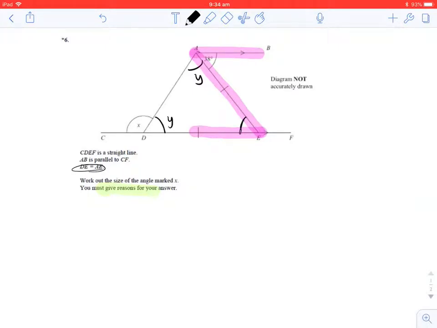Because I've got a Z, that tells me that I've got alternate angles, and alternate angles are equal, so that must be 38 degrees. Because I have to give reasons, I'm going to say that angle AED is equal to 38 degrees as alternate angles are equal.